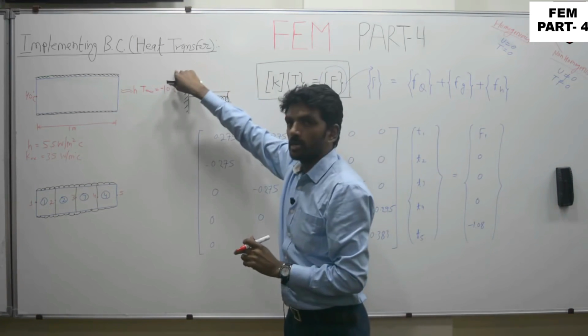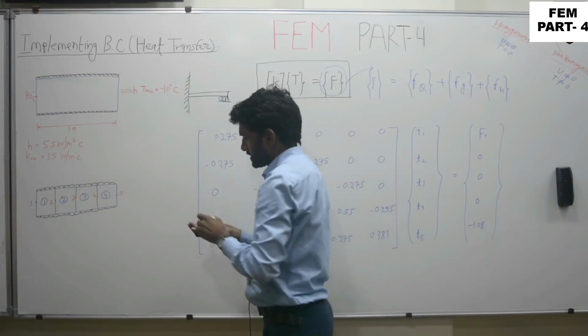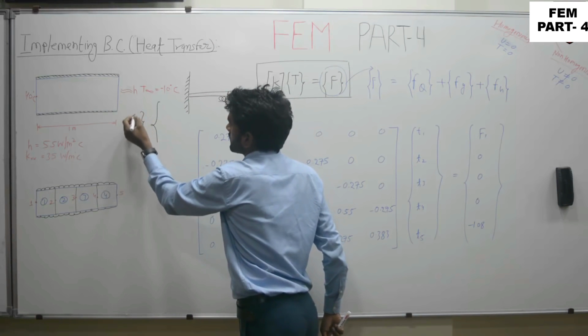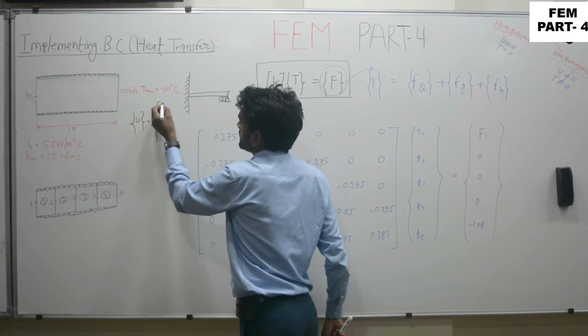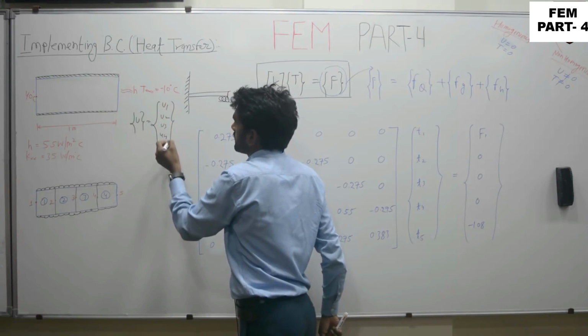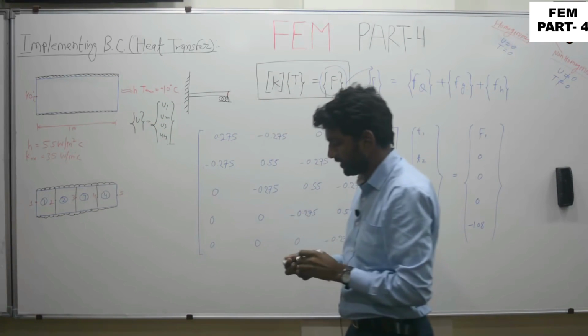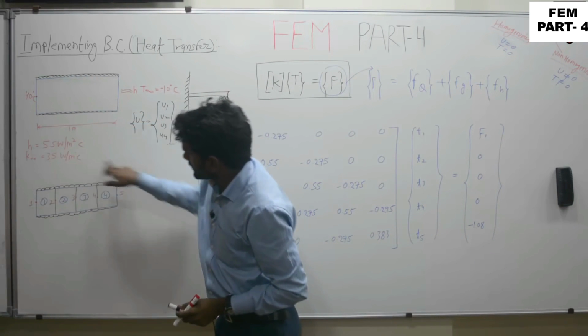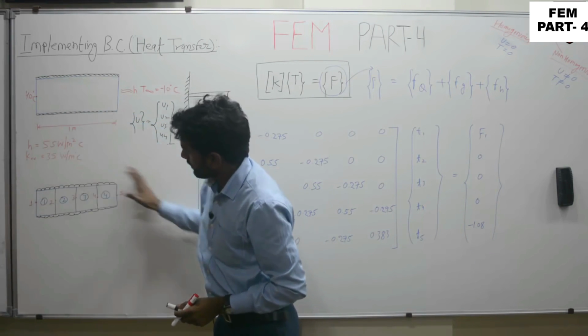In your structural problem, the displacement field, U, was the field variable. So to solve this particular problem, we have discretized this domain into 4 parts.